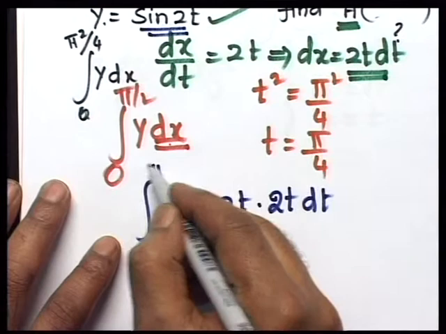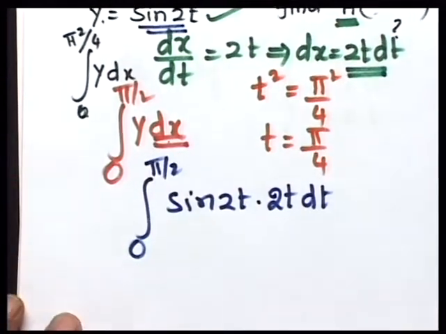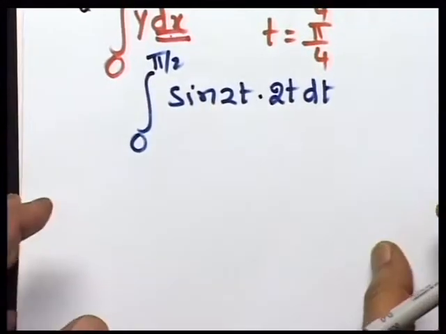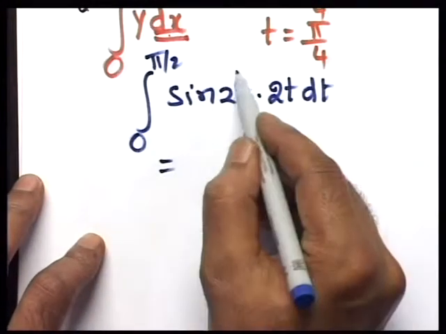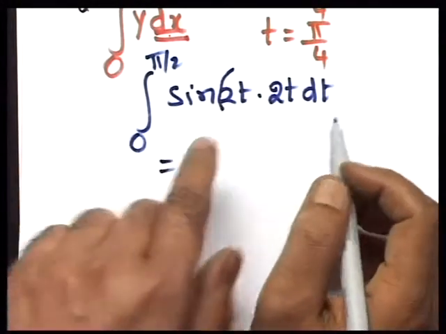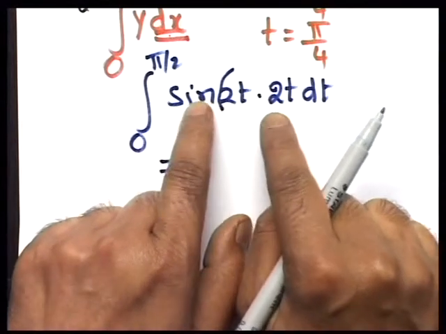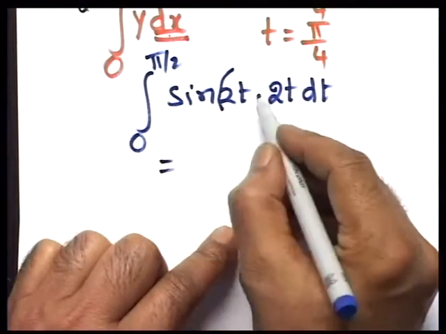The limits are pi over 2 and 0. We know how to integrate this. This is sine 2t and 2t, there is a times there.